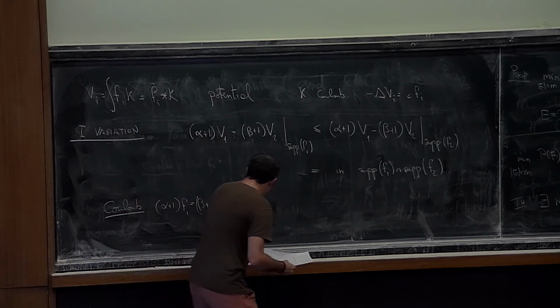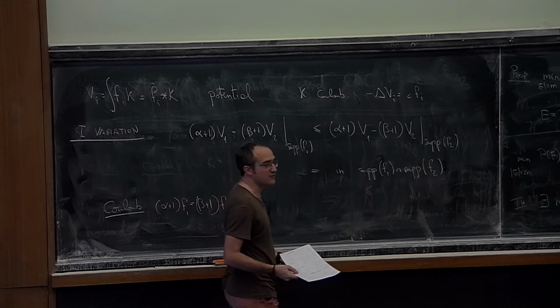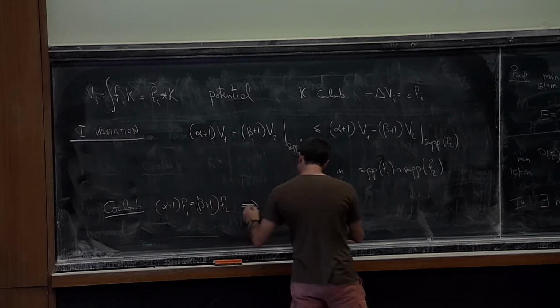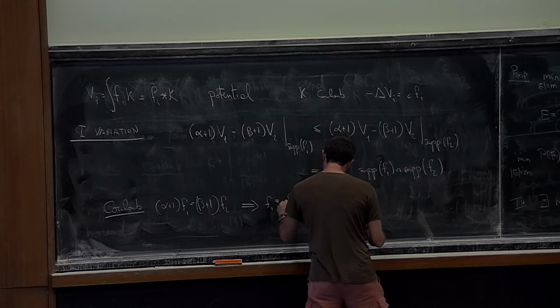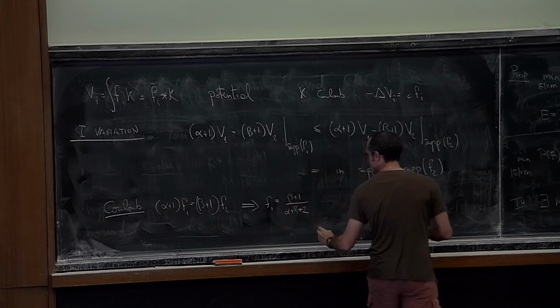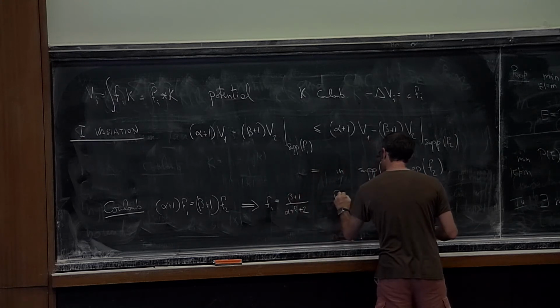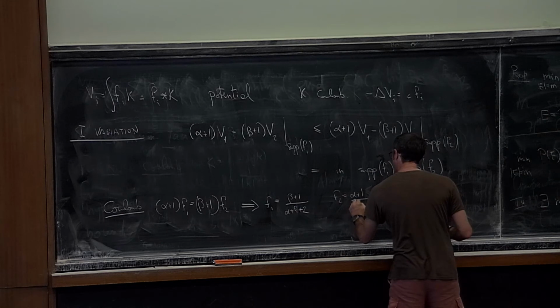And this gives me immediately the value of F1 and F2. So in particular, one gets that F1 is equal to (beta plus 1) over (alpha plus beta plus 2), and F2 is (alpha plus 1) over (alpha plus beta plus 2).